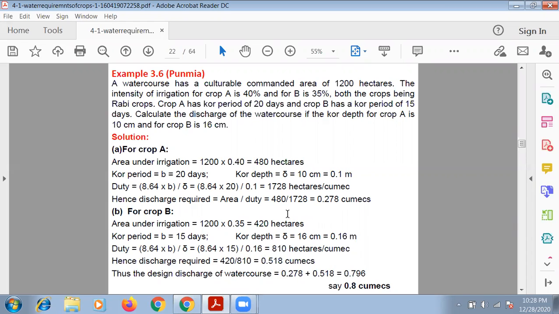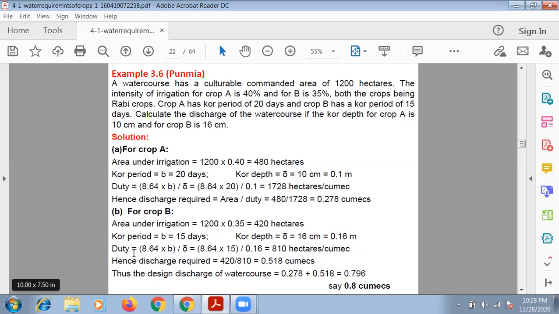Similarly, calculate the same for crop B. Again, the area under irrigation for crop B is 1200 into 35%. So it is 420 hectares, and the core period is 15 days. The core depth is 16 centimeters, so it is 0.16 meter.